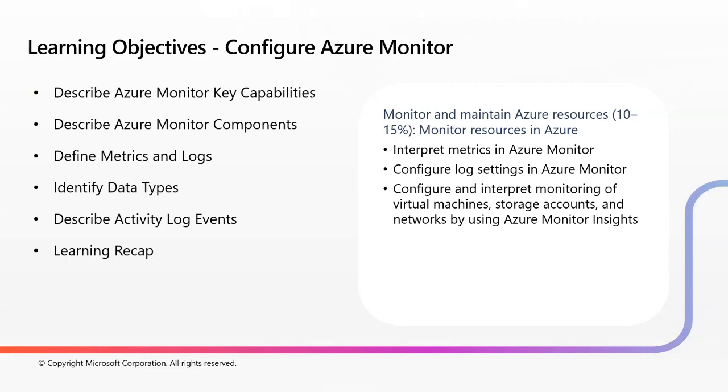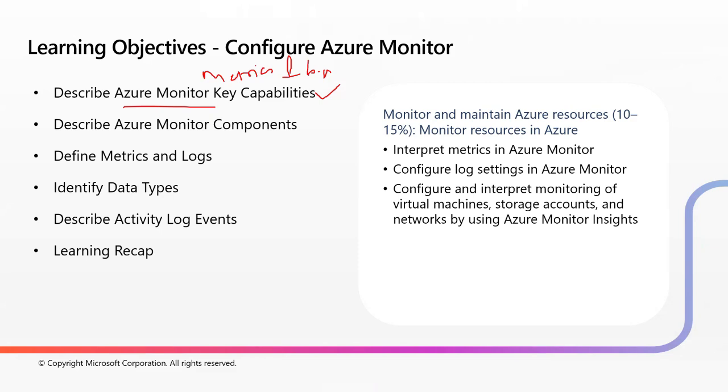You have key capabilities. When it comes to key capabilities, it is nothing but your metrics and logs. Always we go with metrics and logs. These are the key things for your monitoring. So the moment I have a key metric, I'll go with the metrics.